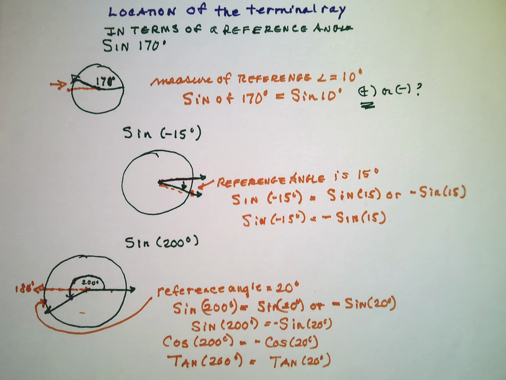So if you're trying to find the sine value for 200 degrees, they didn't bring the tables all the way up through 200 degrees. They only brought them up to 90, sometimes only to 45. And if you could just use the sine value for 20 degrees, you didn't need a table that went all the way up to 200 degrees. Sine of 20 degrees would do it. You just had to know from the location whether it's going to be a positive answer or a negative answer.